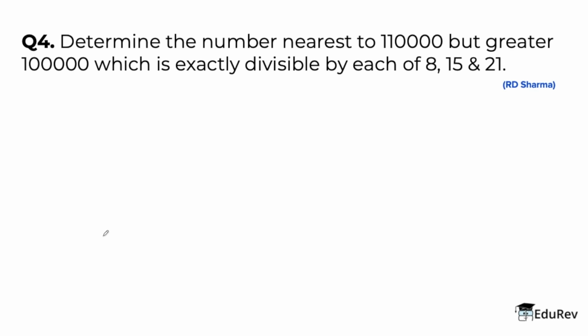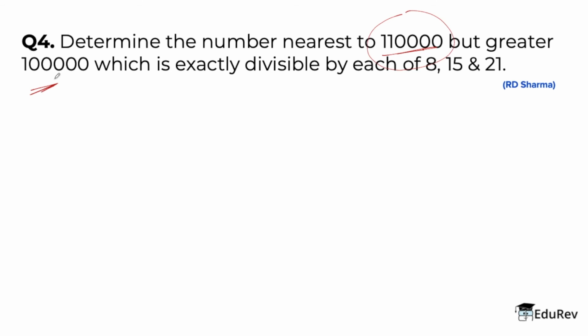Alright, so let's see what the next question states. The next question states that we need to determine the number that is nearest to the given number, but greater than it, which is exactly divisible by 8, 15 and 21. So I need to figure out a number that is greater than and nearer to the number given here.